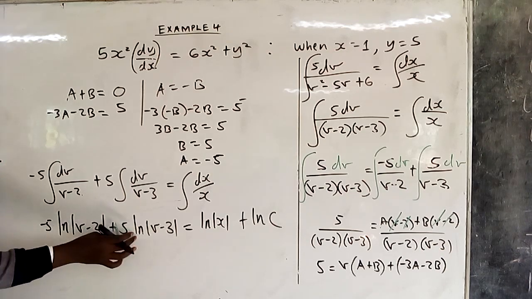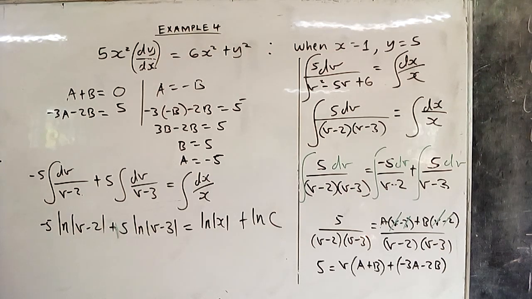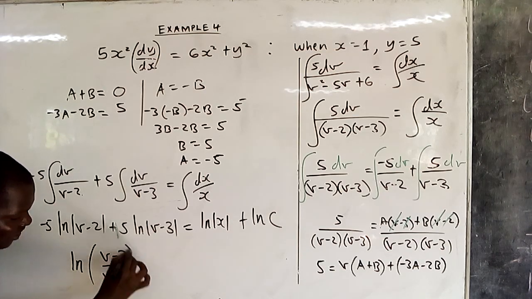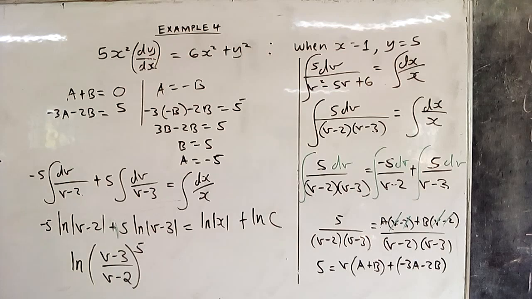So what do we have here? Ladies and gentlemen, what do we have here? If you're someone who has mastered the concept, then what we have here is very simple, isn't it? What we have here is ln of v minus 3 over v minus 2 raised to the power 5.